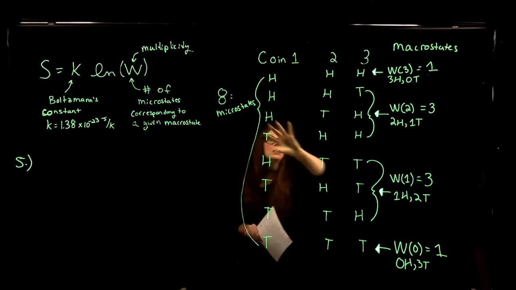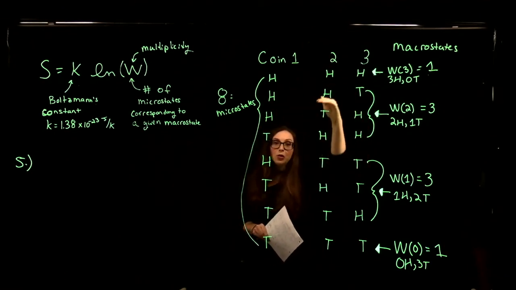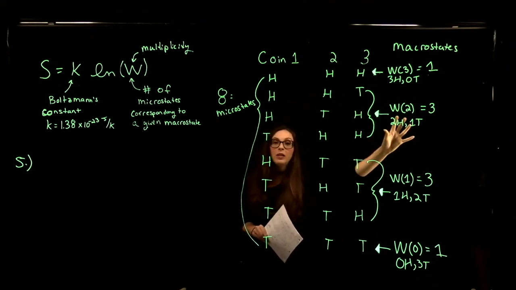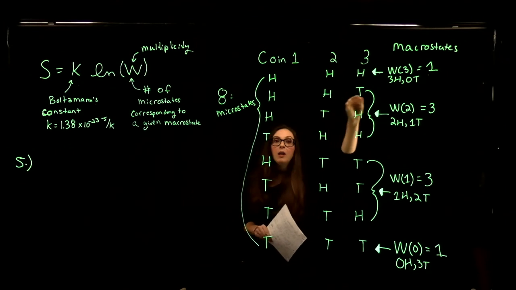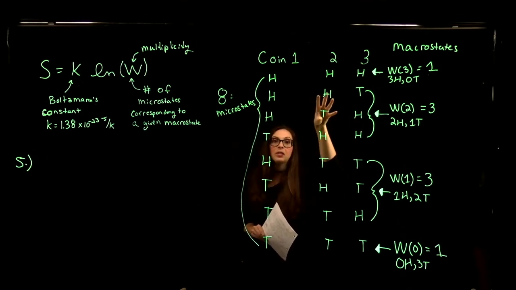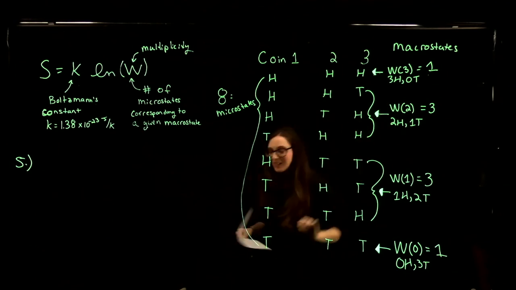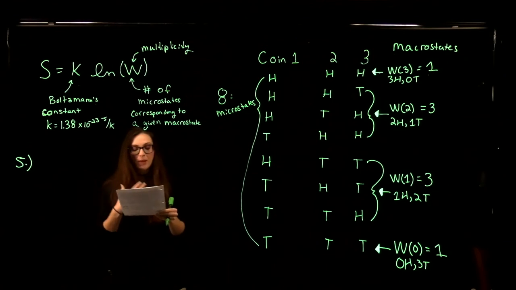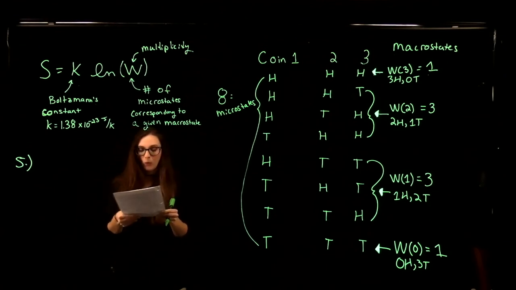So this macro state, which has 3 microstates within it, this macro state would give me 2 heads and 1 tail. And there's 3 possible ways I can get 2 heads and 1 tail. So that means there's 3 microstates within that macro state. Okay, so what is the change in entropy of my system if I get 2 heads and 1 tail?